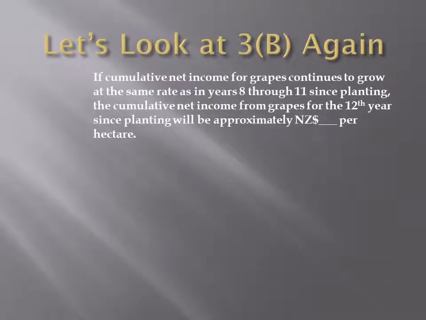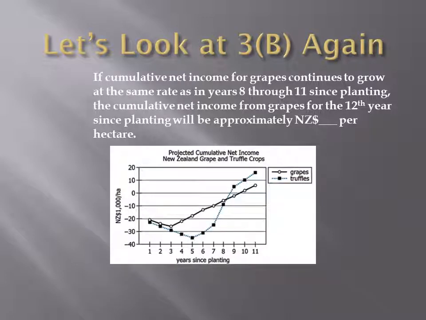So now let's look at the question again. If cumulative net income for grapes continues to grow at the same rate as in years 8 through 11 since planting, the cumulative net income from grapes for the 12th year since planting will be approximately what per hectare? So we're going to look at our graph again, and we're now trying to find the net income for the 12th year.